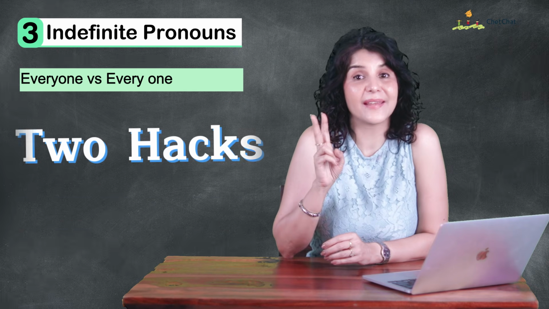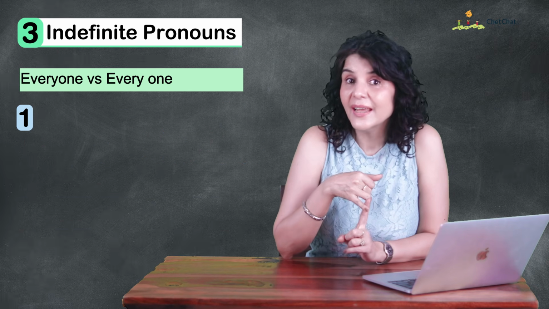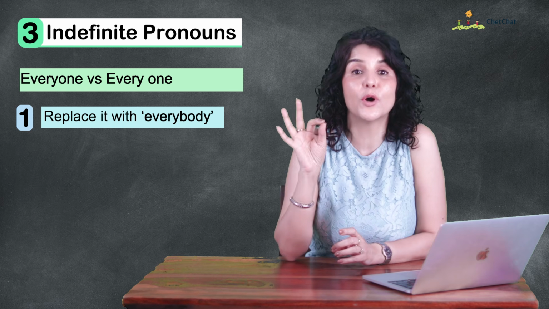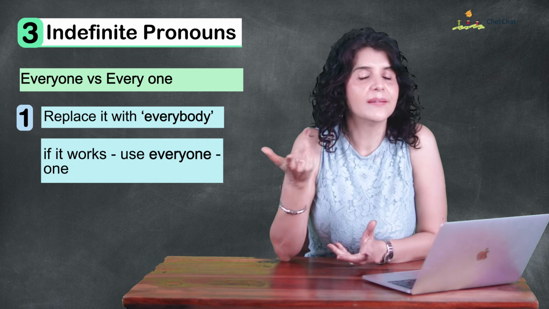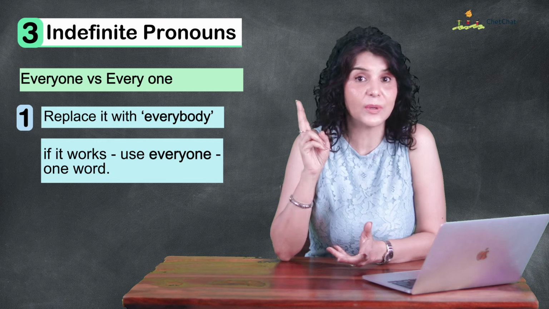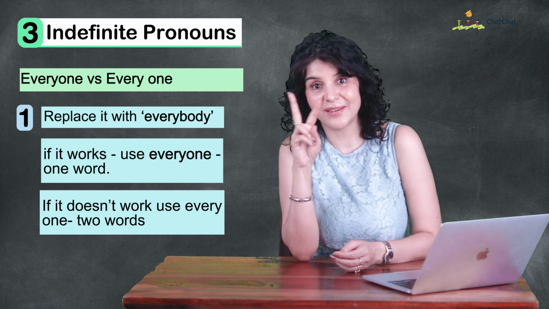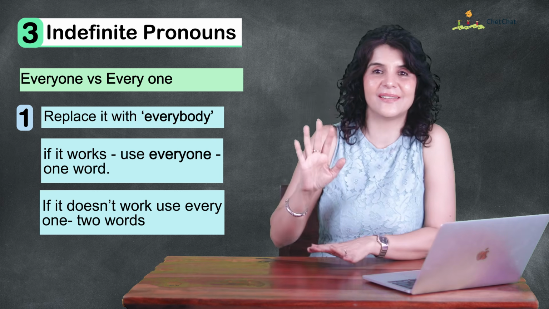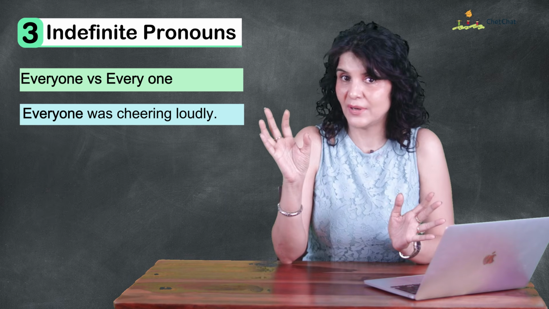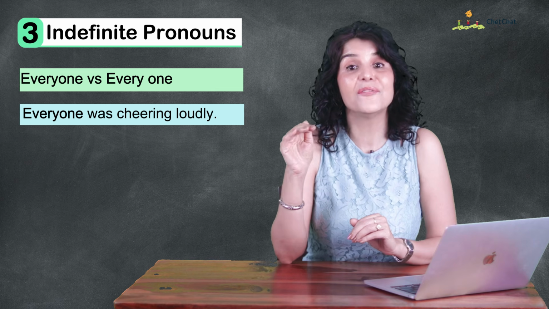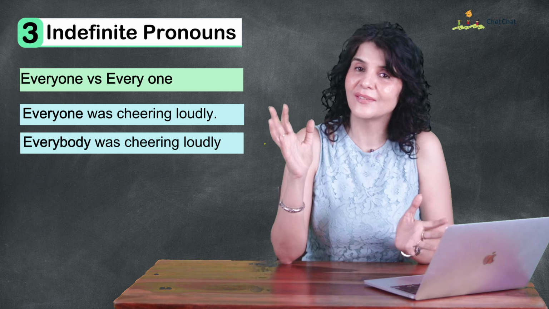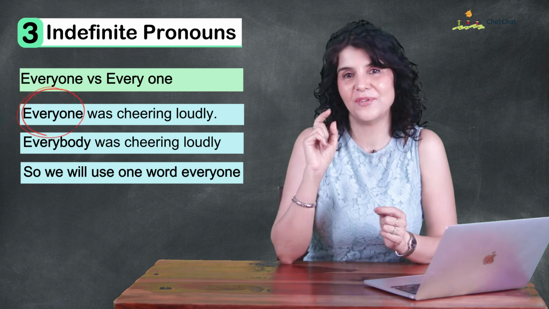There are two hacks to know the difference. One, if you replace it with everybody and it works, then use everyone, the single word one. If it doesn't work, use every one, the two-word one. Let's check this out. Everyone was cheering loudly. I can also say everybody was cheering loudly. So, you'll use one word, everyone.